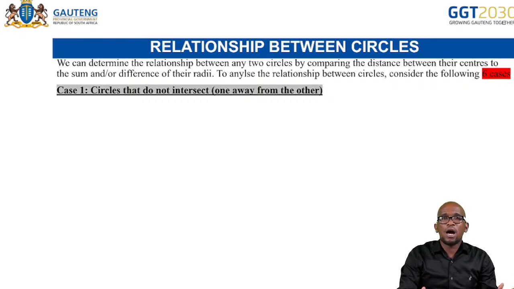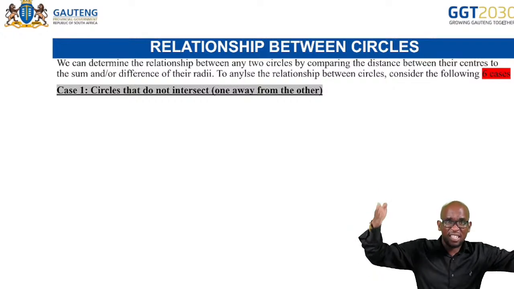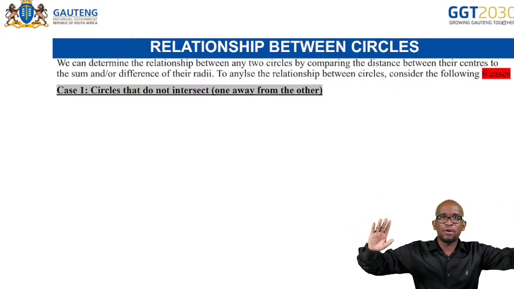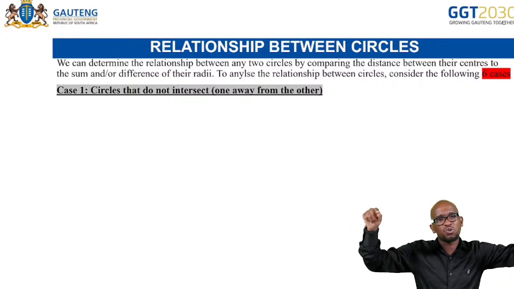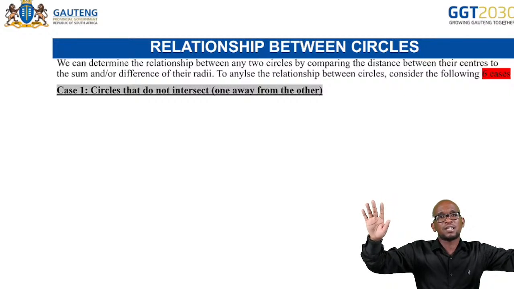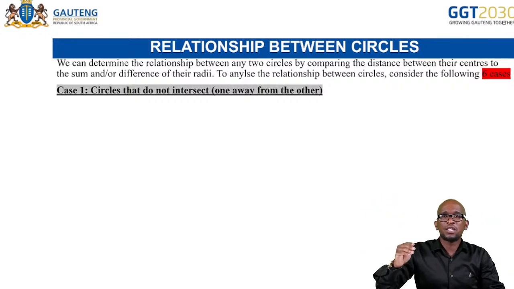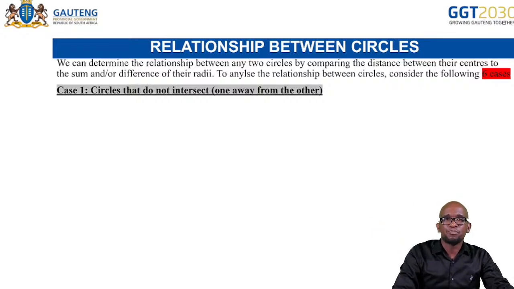In order for us to determine the relationship between those two circles, we're going to determine the distance between their centers. If it's circle 1 on the left, circle 2 on the right, we determine the distance between their centers. After determining the distance between their centers, you compare that with the sum and the difference of their radii.